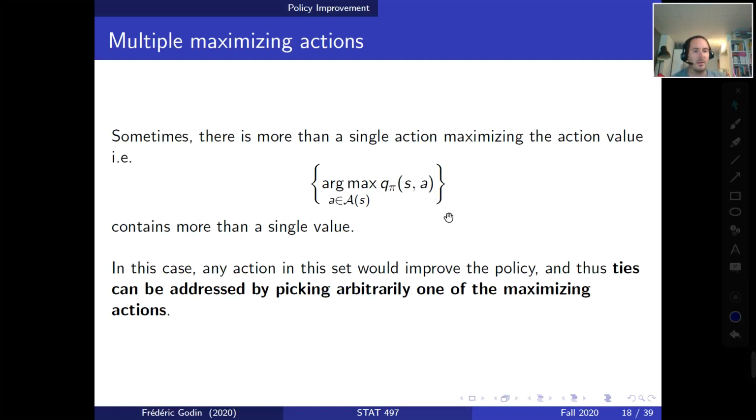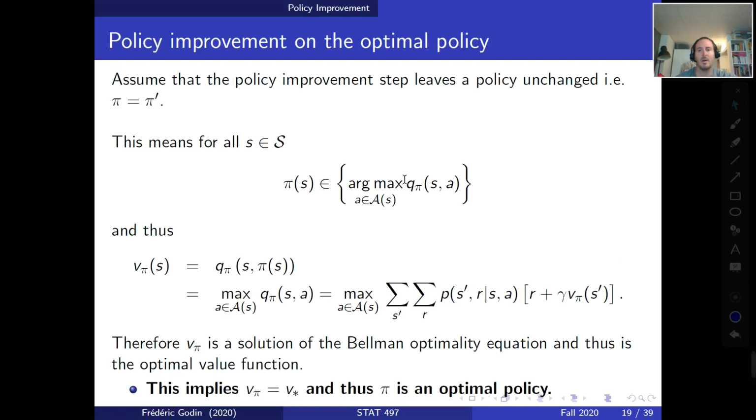We could address ties where two actions are equally valuable by arbitrarily picking one of the two, since these actions point to the same value. So if you have cases where two actions yield the same value, you can pick any one of them and it shouldn't be a problem.